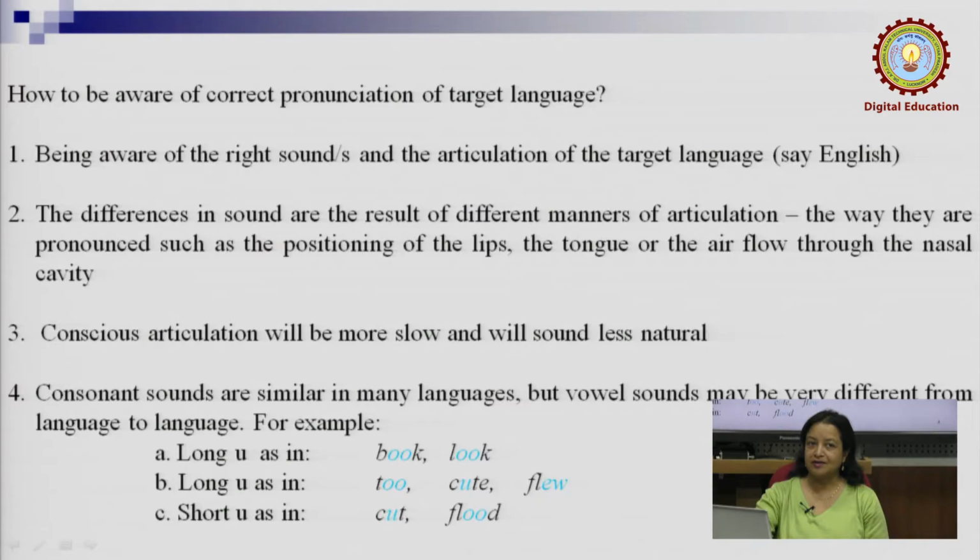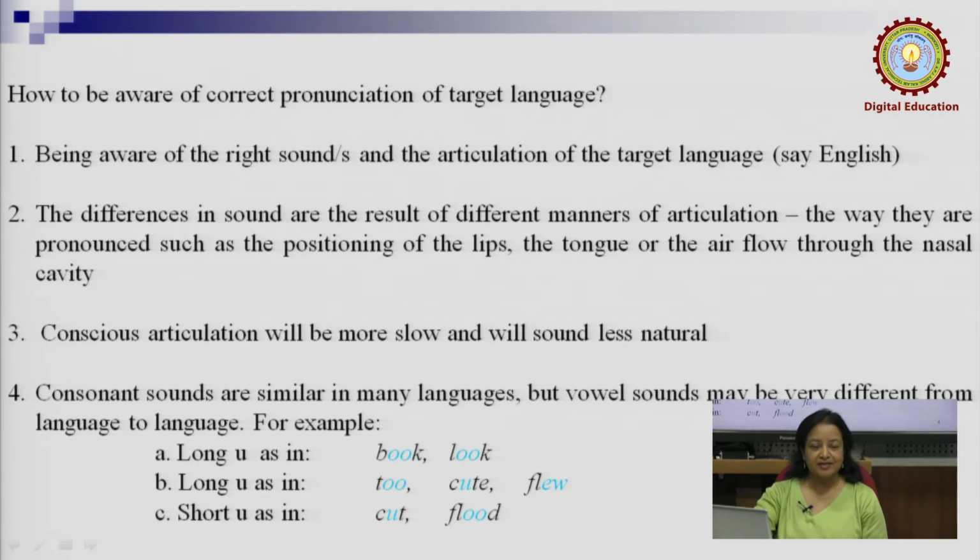Now, how to be aware of correct pronunciation of the target language? Correct articulation can prove to be of great difficulty and may require arduous and repetitive practice. Several different sounds may sound the same to a non-native speaker, at the same time deceptively similar to a sound from their own mother tongue.